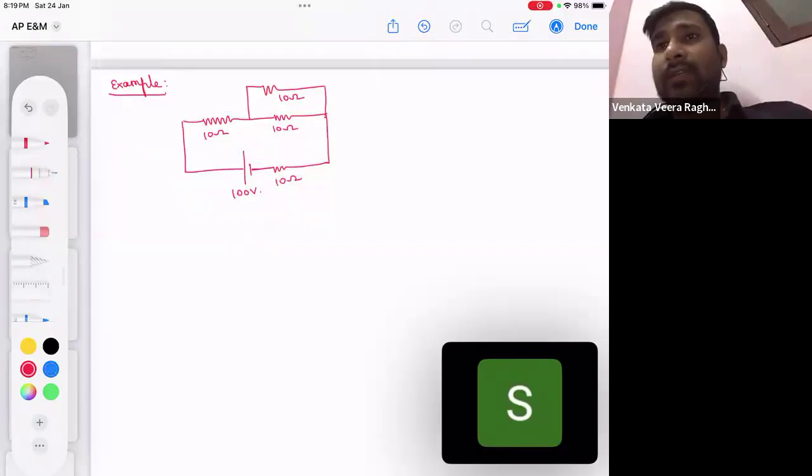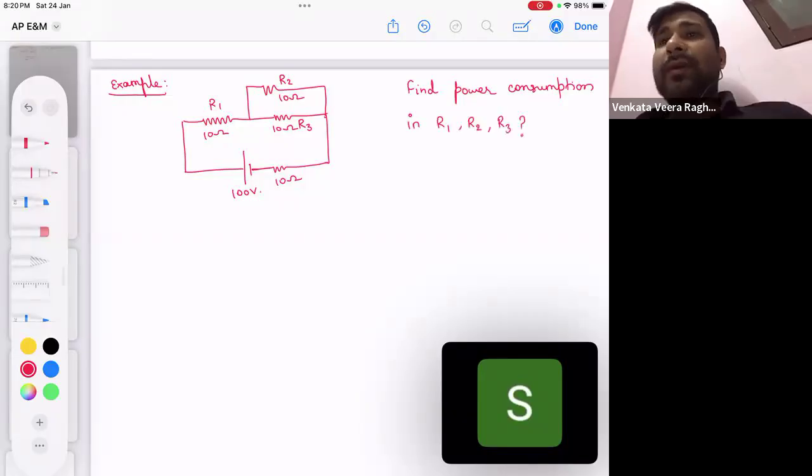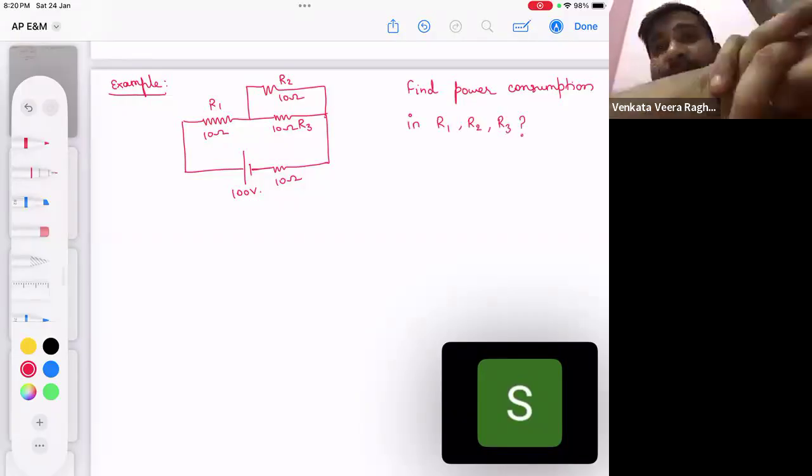Each of the resistance means external resistance. This is R1 external resistance, R2 external resistance, and R3 is also external resistance. So find power consumption in R1, R2, and R3. What is going to be the power consumption in these three resistances?